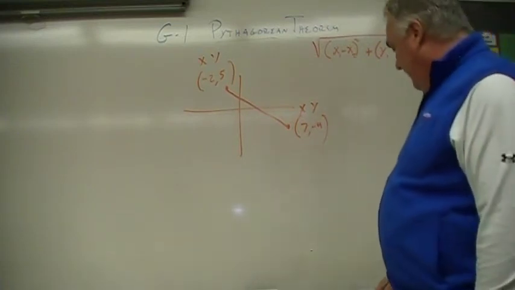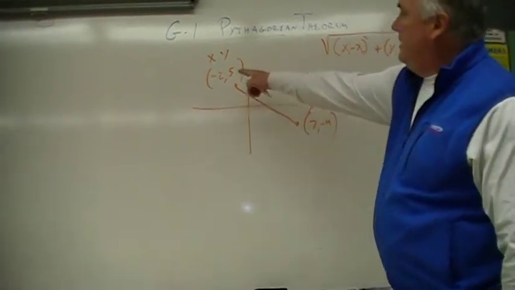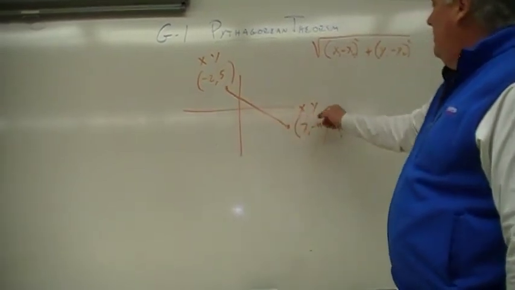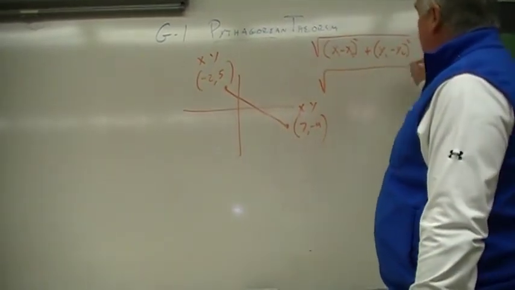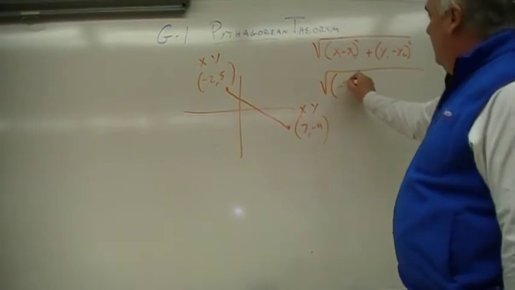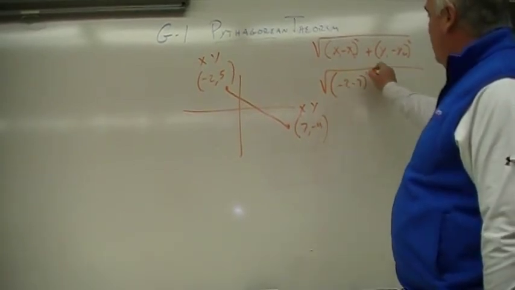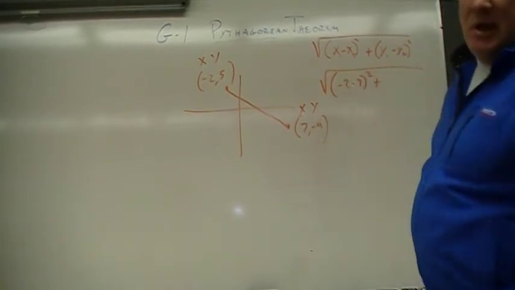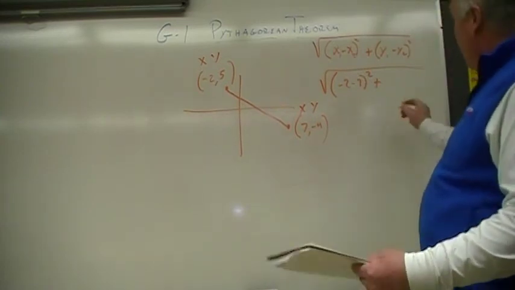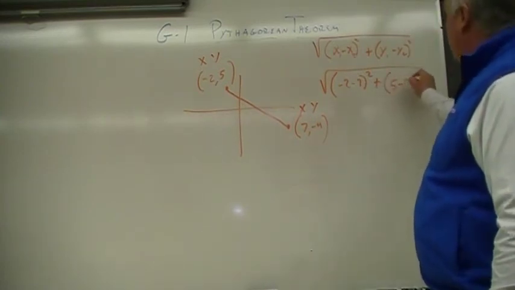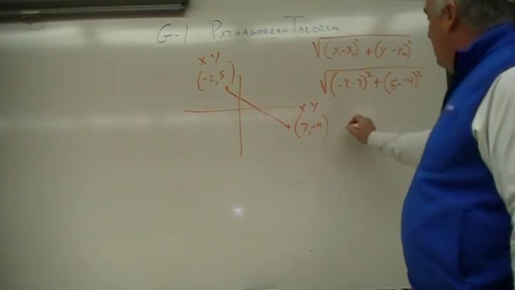Okay, so how does that fit in here with us? Well, this is x1 and y1, x2 and y2. So we have -2 minus 7 squared plus 5 minus -4 squared.